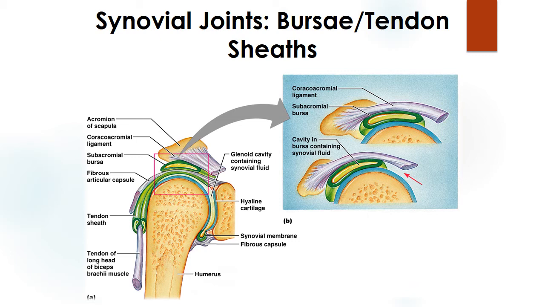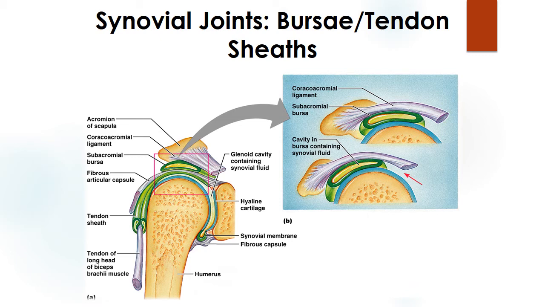So there's a tendon sheath, and then here we have a subacromial bursa indicated here. This is the acromion process of the scapula. Here is a flattened fibrous sac with an inner synovial secretory layer indicated here. It says cavity containing synovial fluid.